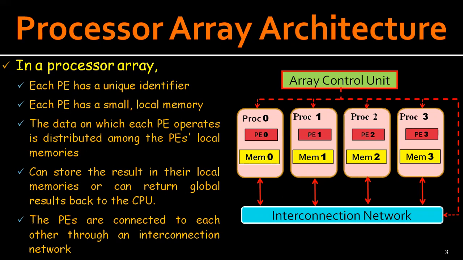If the processor array has n PEs, then the time it takes to perform the same operation on n elements is the same as to perform it on one single element. If the number of data items to be manipulated is larger than n, then it is usually the programmer's job to arrange for the additional elements to be stored in the PEs' local memory and to be operated on in the appropriate sequence.